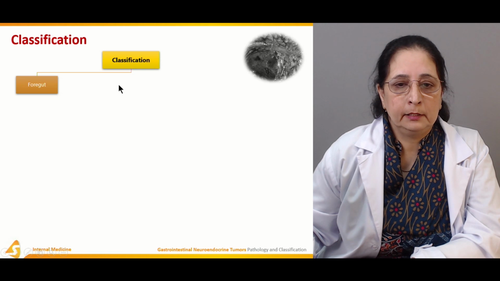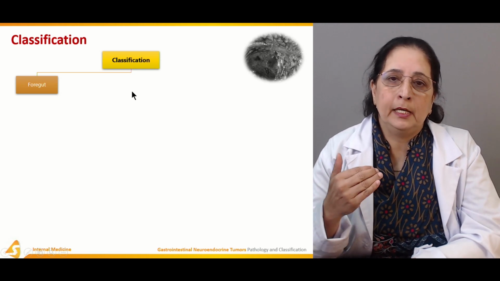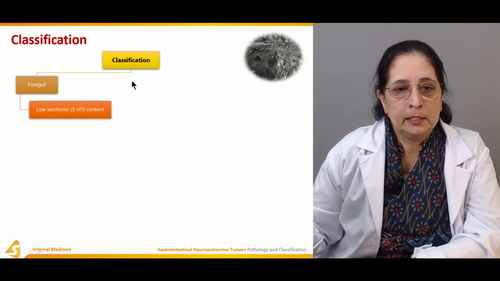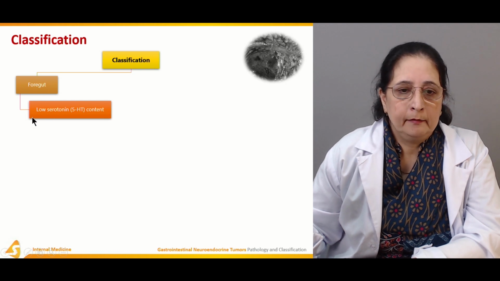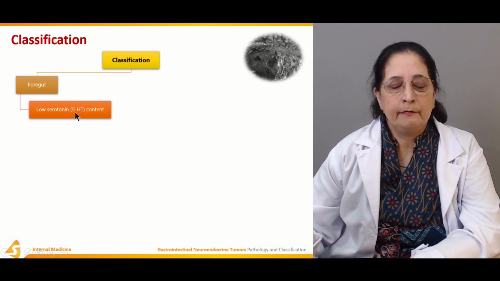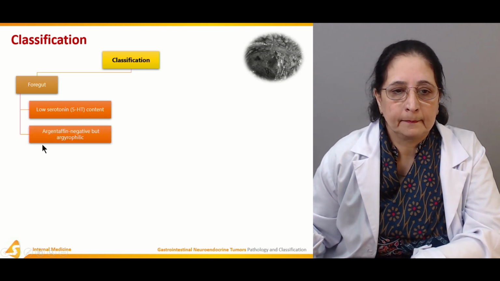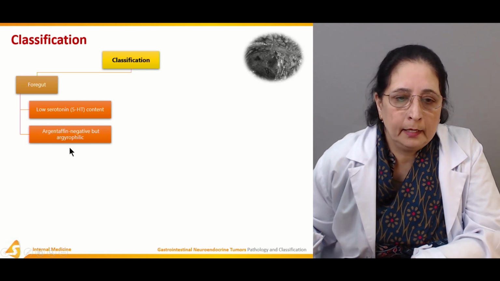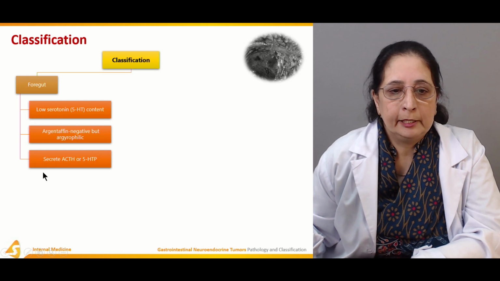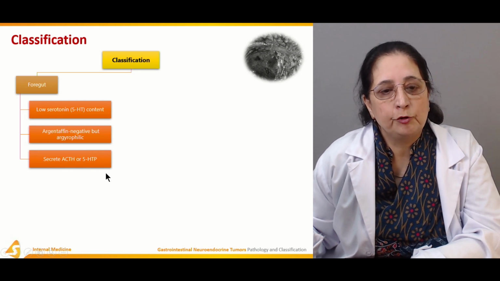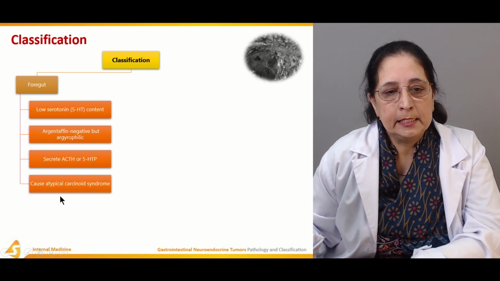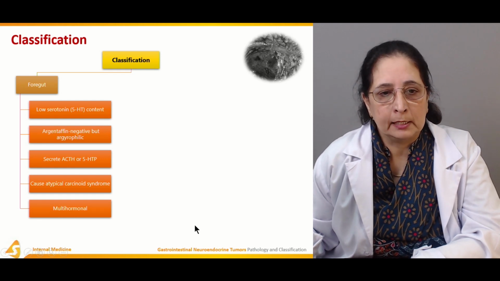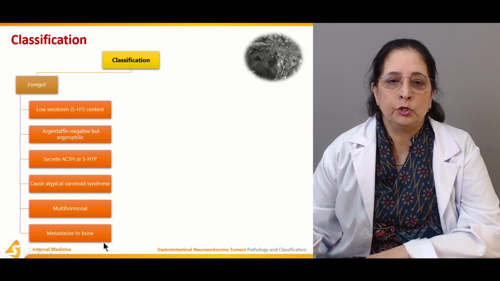For classification, depending on the area involved, we have the foregut, in which there is low serotonin (5-hydroxytryptamine) content, argentaffin negative but argyrophilic cells are present, which secrete ACTH or 5-hydroxytryptamine, cause atypical carcinoid syndrome, and are multi-hormonal. They metastasize to bone.